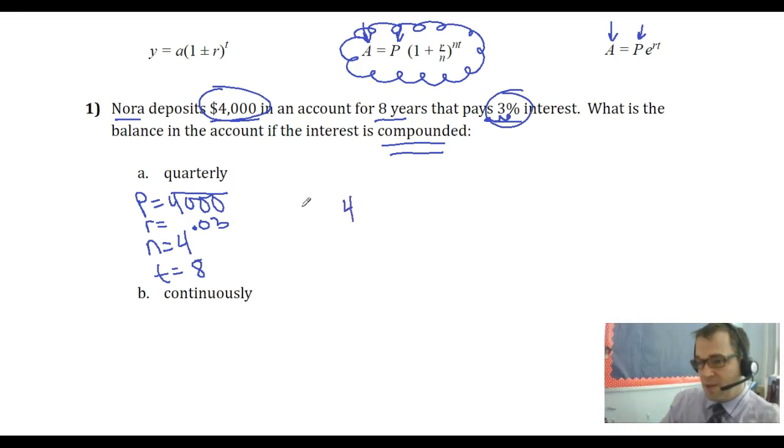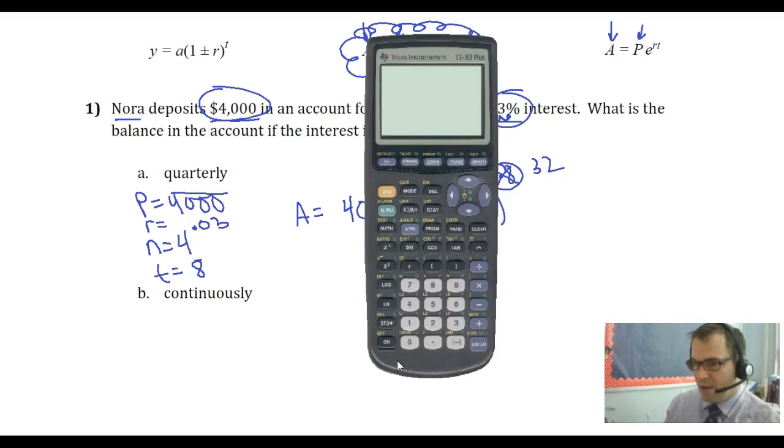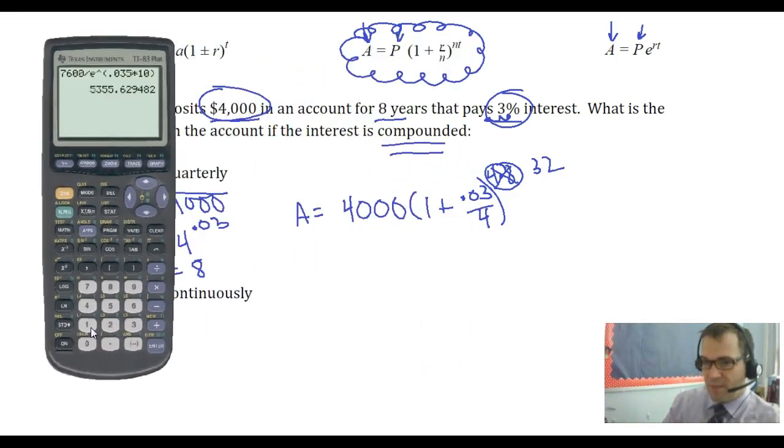So if I put all that together, the amount that she'll have after time passes will be the 4,000 she started with times 1 plus 0.03 divided by 4 to the 4 times 8 power. This calculation, I would do that in my head. It's 32. Then I would bust out the old calculator and just type that in and see what happens.